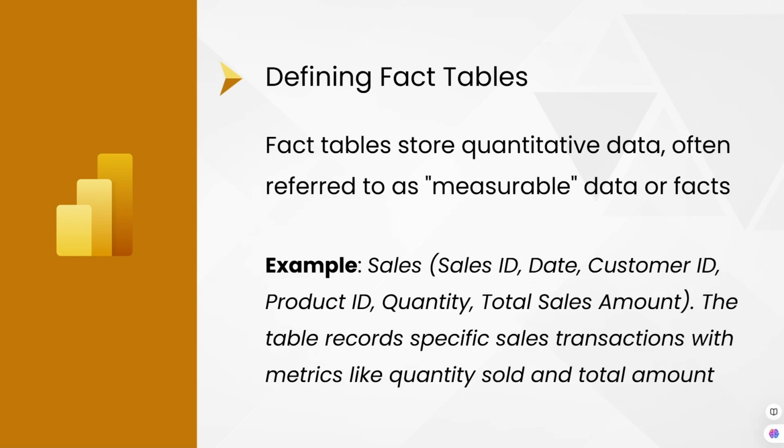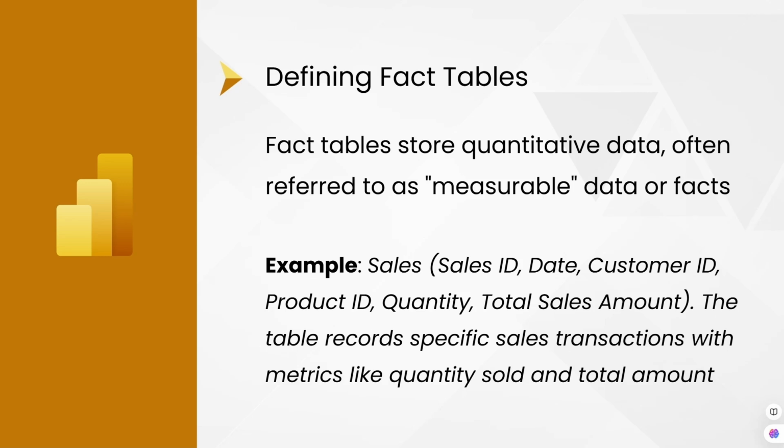Now, let's dive into the first type, fact tables. Fact tables are used to store quantitative, measurable data, often referred to as facts. This data typically reflects transactions, events, or other measurable activities within a business. For example, let's say we have a sales fact table. It could look something like this.